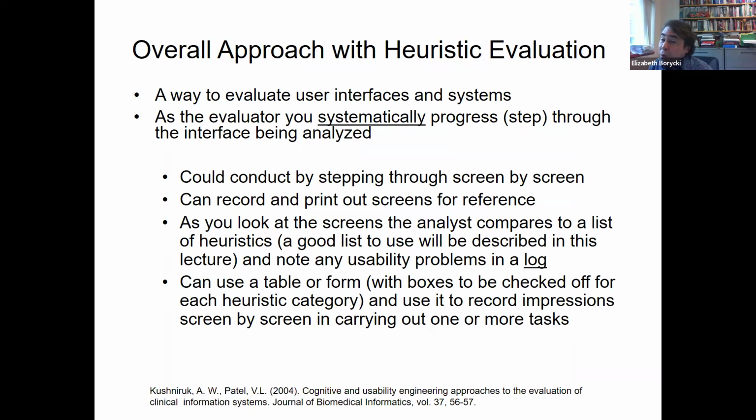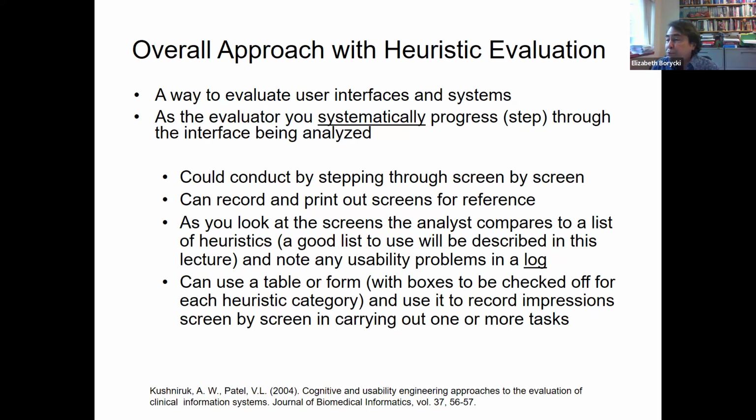So the overall approach in teaching this, I have people evaluate user interfaces or interactions with systems, not just the interface. And as I mentioned, as the evaluator, you systematically progress through the interface. You should conduct this screen by screen. That's a nice objective way of going through a system.